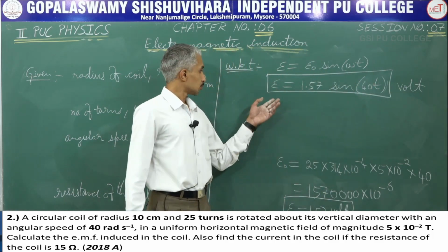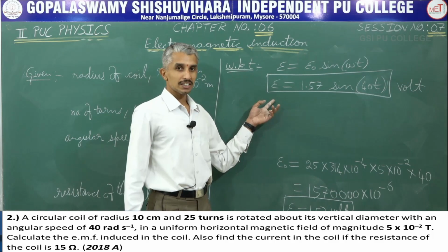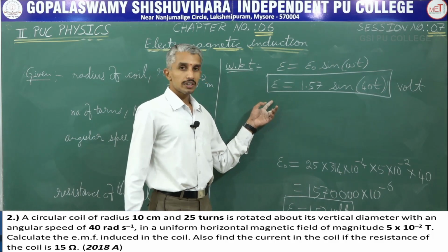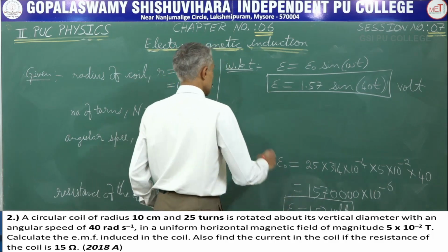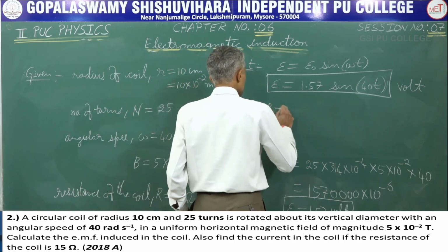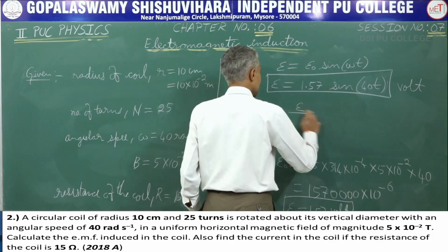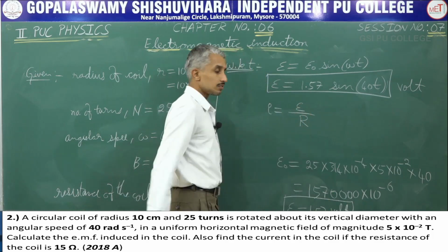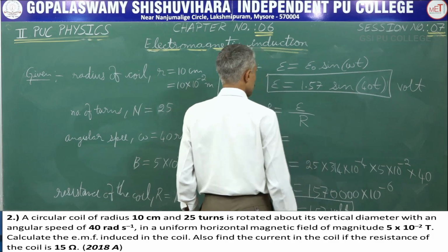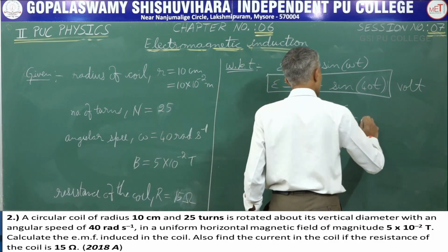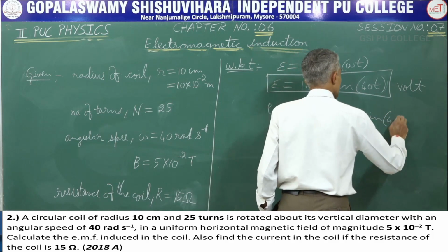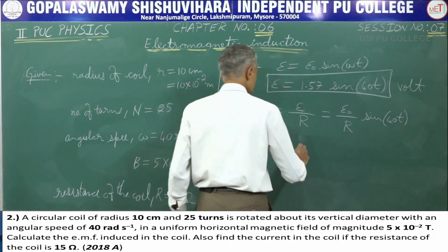So we have finished one part of the question. The second part asks to calculate the current induced in the circuit. So how do we find the current induced? The current induced is going to be the EMF divided by the resistance of the coil. So I can write this as epsilon naught by R into sine of 40t.